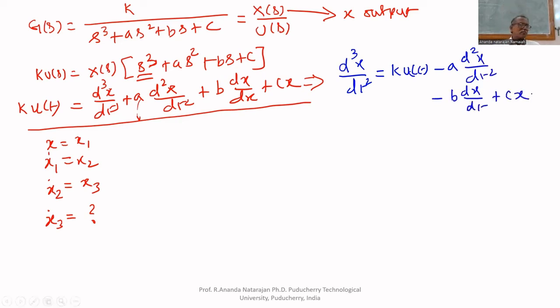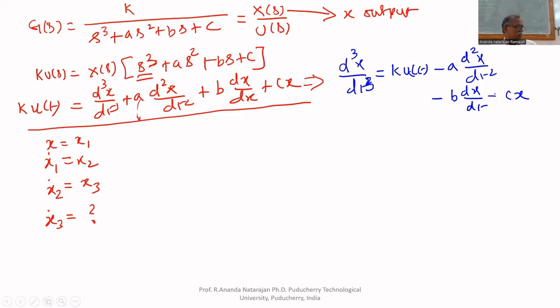Can I write like that? K u of t is on the other side, no? Yes, cx is minus. You are saying correct. Thank you.